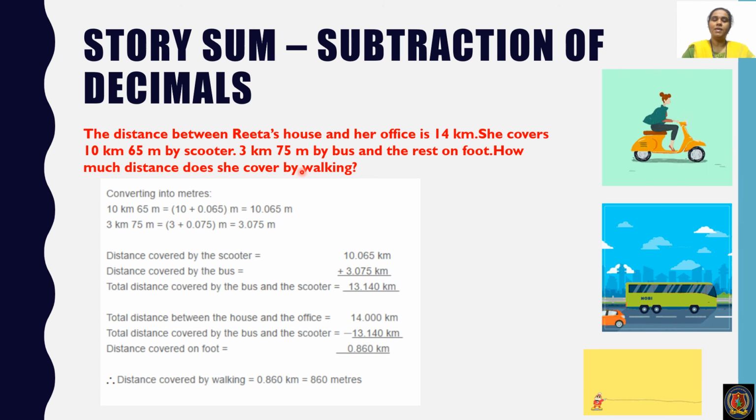The distance from Rita's house to office is 14 km, which we write as 14.000 km. We find the difference of 14.000 km and 13.140 km, and we get 0.860 km. This is the distance she is walking. It can also be written as 860 meters.